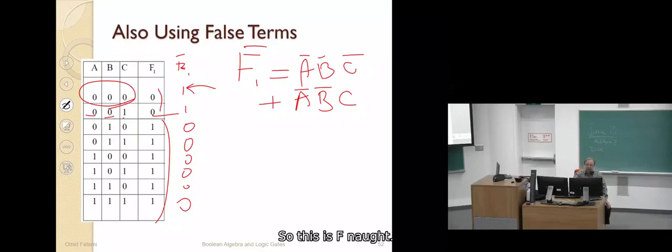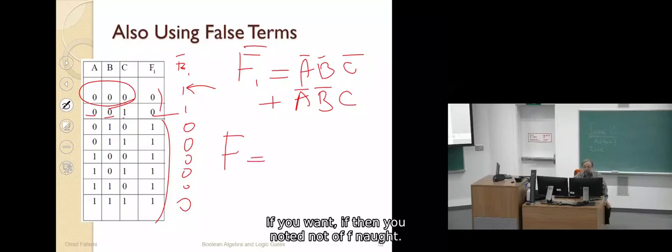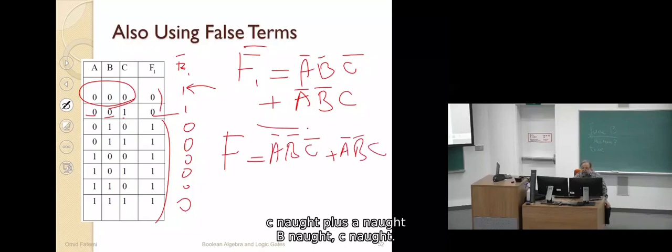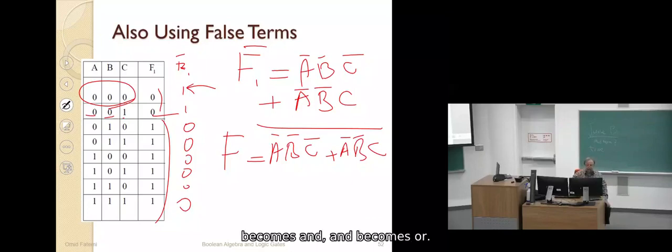So this is F naught. If you want F, then you knot it. Knot of F naught is F. So you knot it. A naught, B naught, C naught plus A naught, B naught, C. And using De Morgan's, OR becomes AND and AND becomes OR.